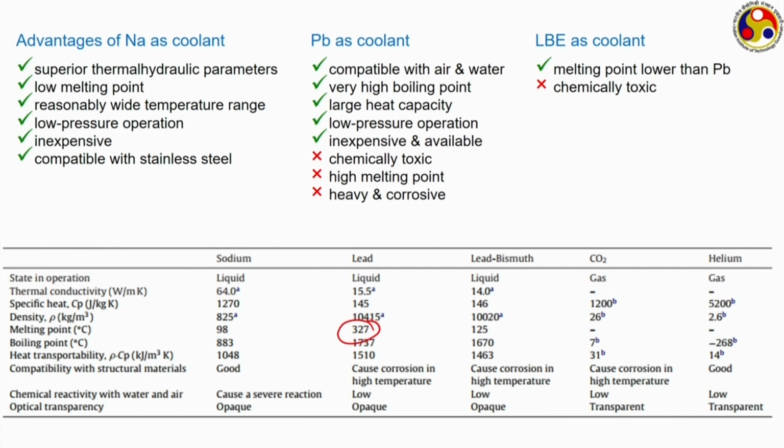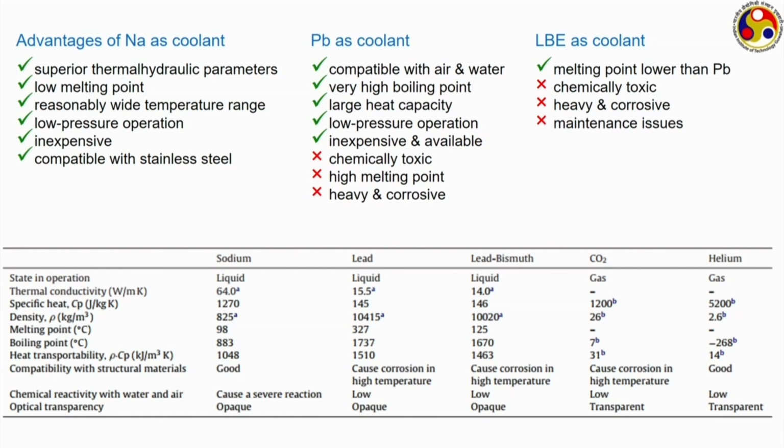While it was 327 for lead, it is just 125 for LBE, which is quite close to the value for sodium, and therefore, it is much easier to use LBE. Melting point being so low for LBE, we can easily operate at much lower temperature level compared to lead, but it has other disadvantages: similar to lead, it is chemically toxic, heavy and corrosive.